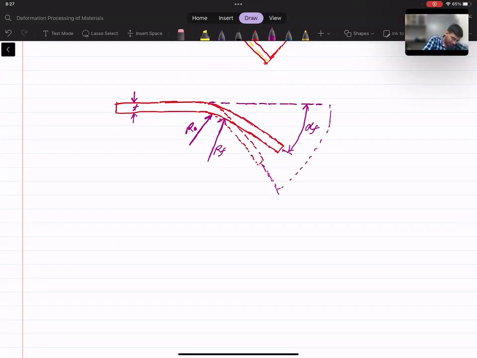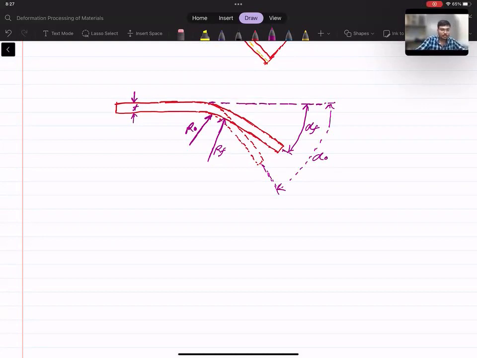So this will be alpha naught, and this shows the spring back in bending. This schematic represents the spring back which happens in the bending process.